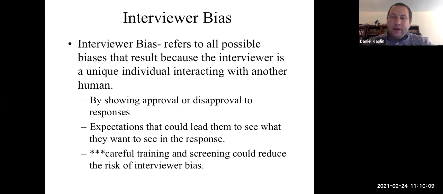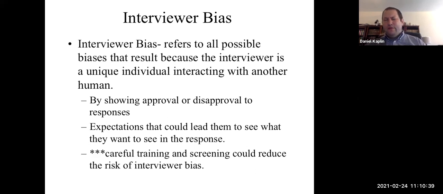But the problem with interviews is you could potentially have an interviewer bias, right? When you interview a person, you have to be careful, A, how you ask the question, and B, the kind of responses you give to a person's answers could cause an interviewer bias. So if I ask you a question and I nod in approval, you're more likely to continue.